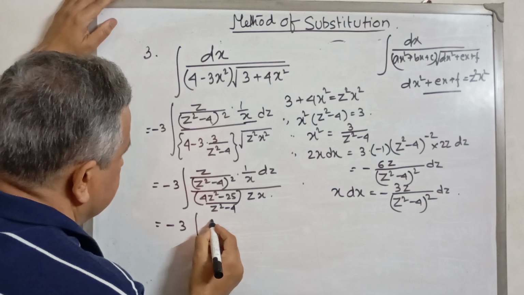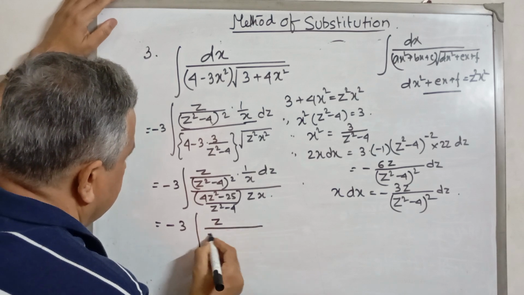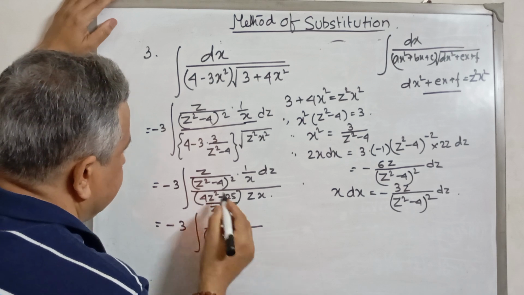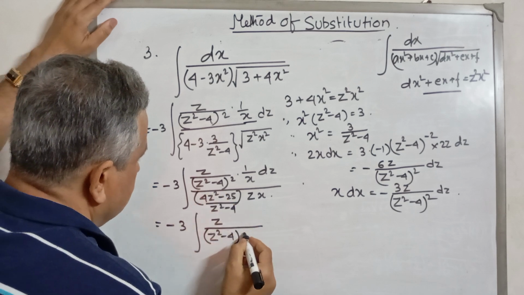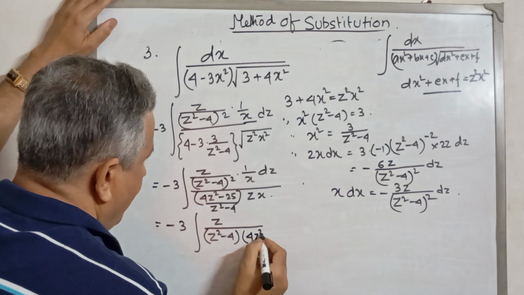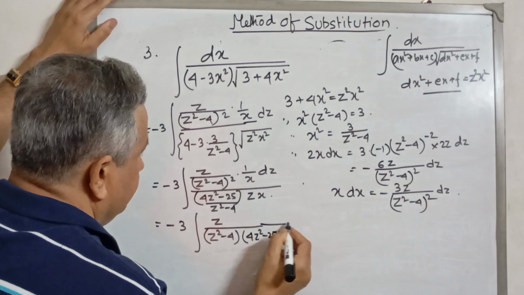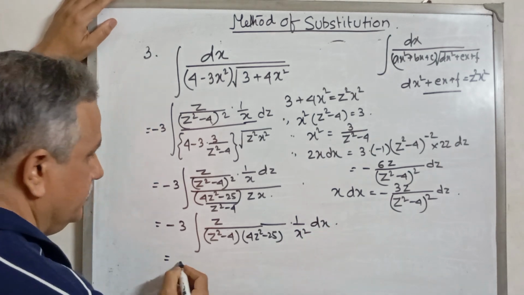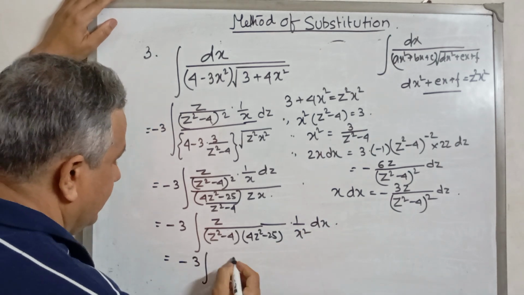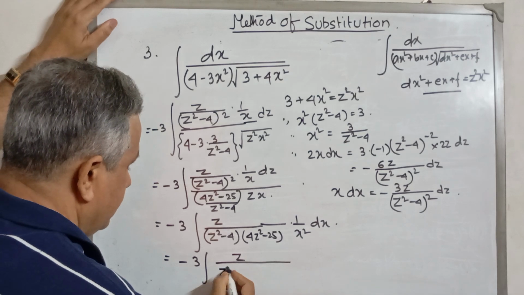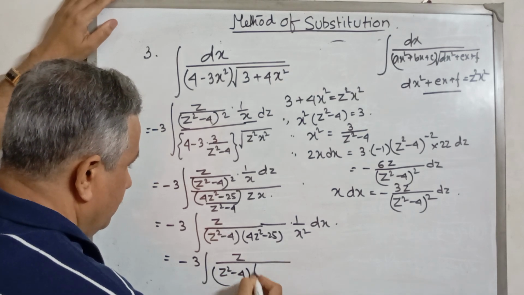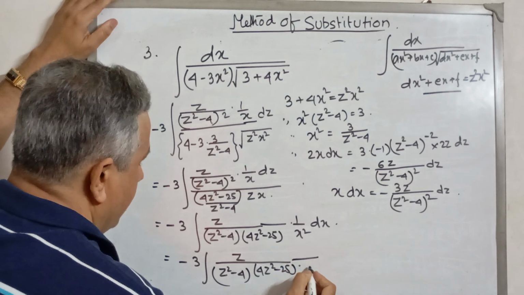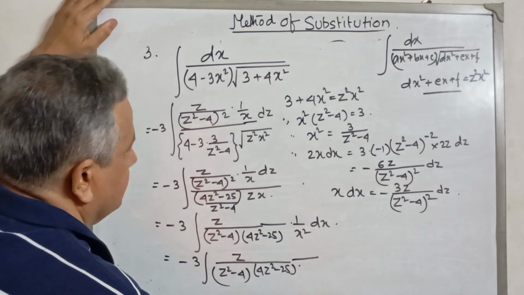It becomes z by z square minus 4 into 4z square minus 25 into 1 by x square dx. Now putting this, x square is z square minus 4 into 4z square minus 25 into 1 by x square.